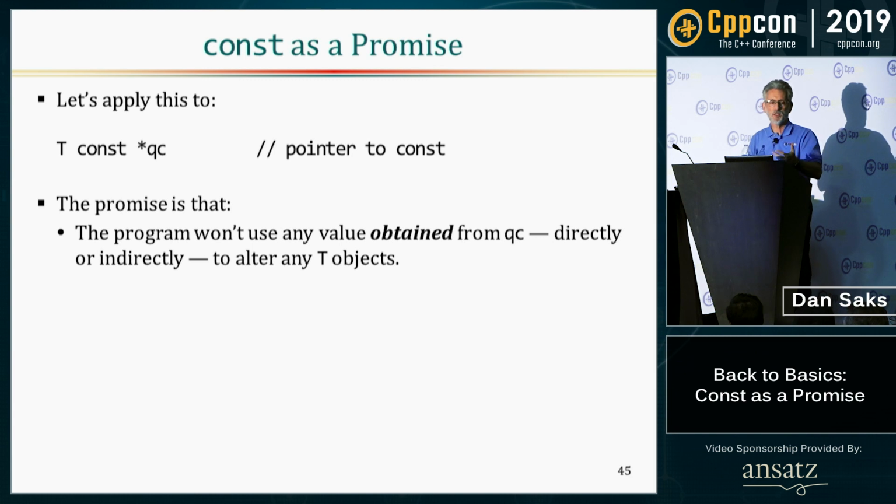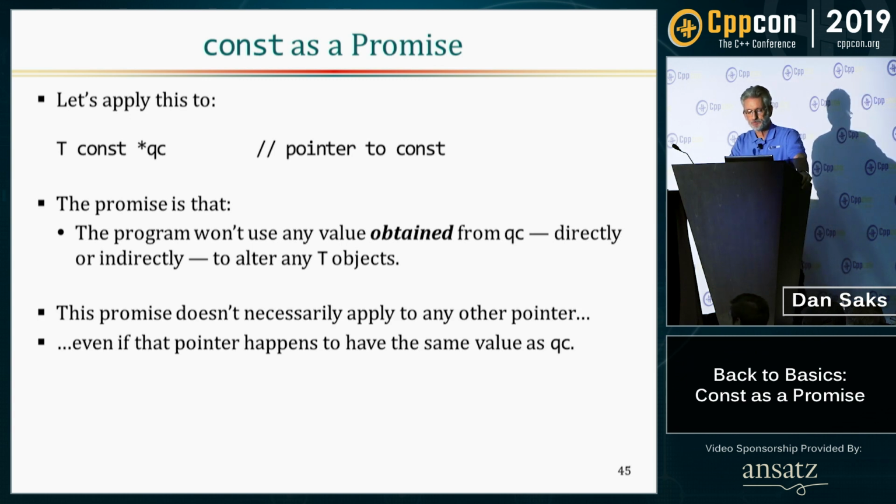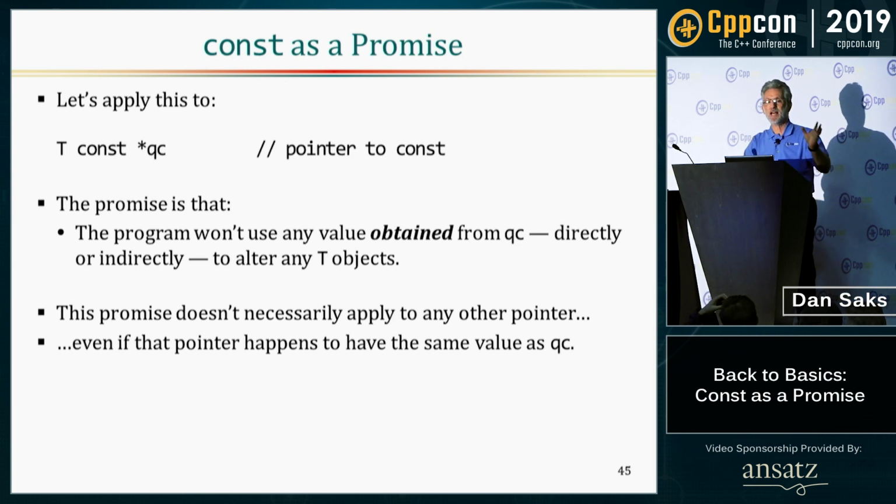In other words, once the promise is made, the last part of the conversation says, and you can't hand it off to anybody else unless they make the same promise. And by the way, this promise doesn't apply to other pointers, which if they coincidentally have the same value in them as QC, they're not subject to the promise unless they made it explicitly themselves.